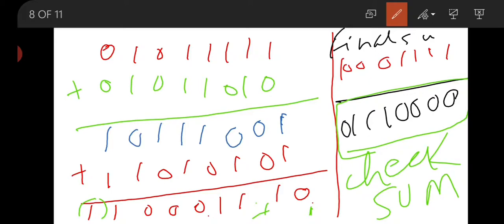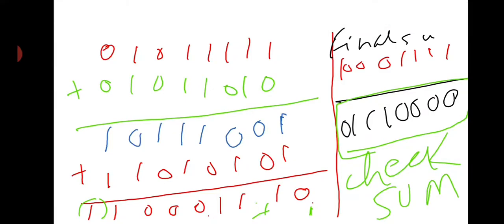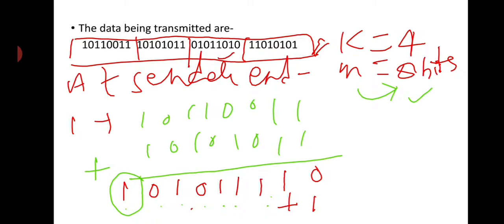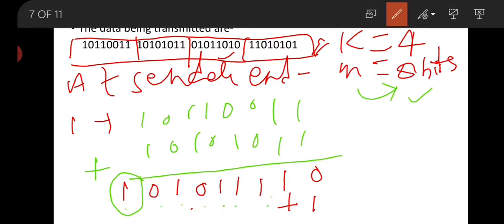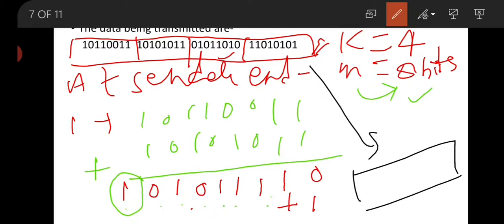Now we have calculated the checksum: 0, triple 1, 4 times 0. This checksum is going to be attached with this data, and this data is going to merge with one more segment, which is called the checksum.